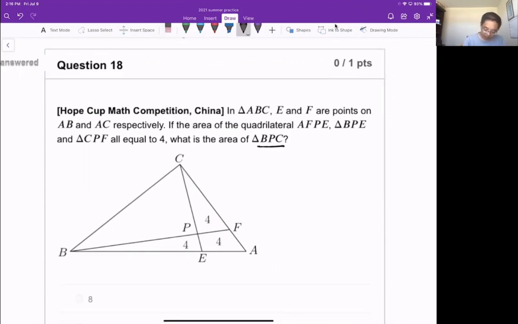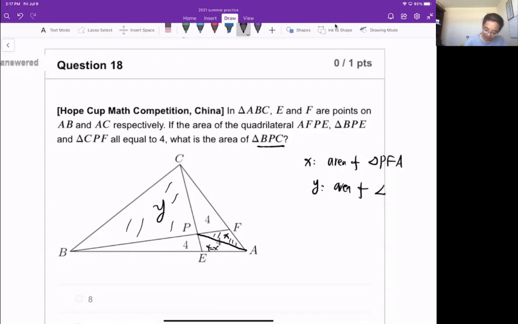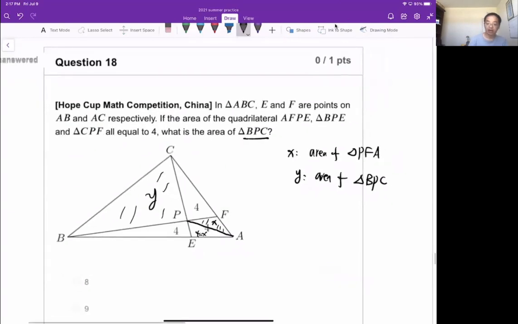Let's connect A and P. I denote the area of PFA as X, then this one will just be 4 minus X, and let Y be the area of BPC. That is what we are looking for.